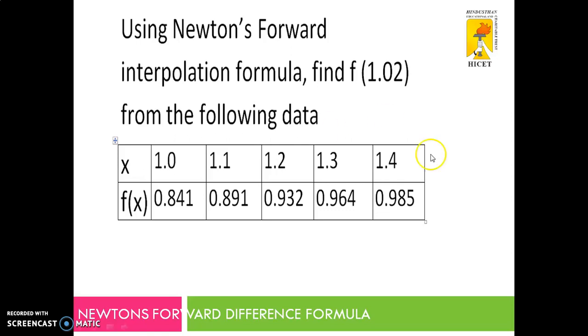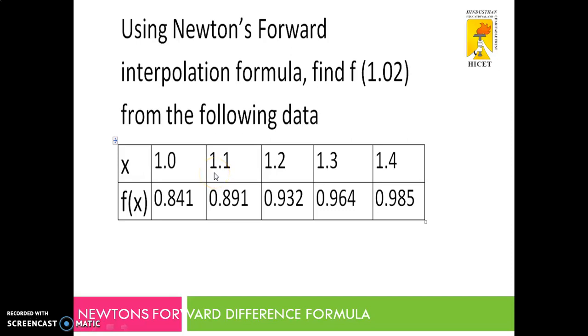Here the values of x are 1, 1.1, 1.2, 1.3 and 1.4. Corresponding to x, the value of y or f of x is given. The unknown value of x is 1.02, so 1.02 occurs at the beginning of the table.